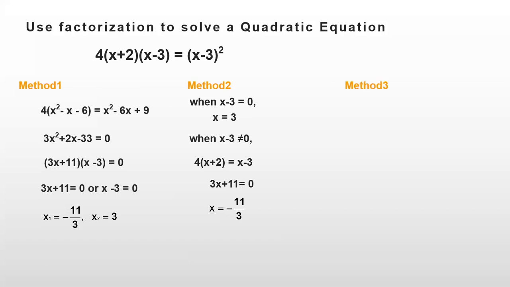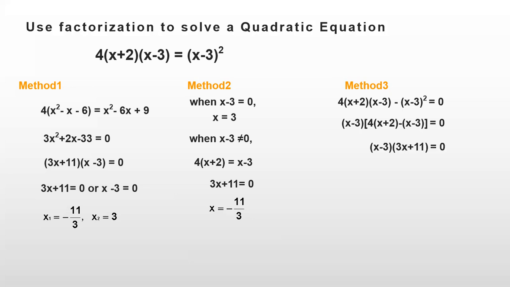Our last method is basically to subtract x - 3 from both sides to get 4 times (x + 2) times (x - 3) minus (x - 3) squared, and then use something like the reverse of the distributive property to get that (x - 3) times [4 times (x + 2) minus (x - 3)] is 0.